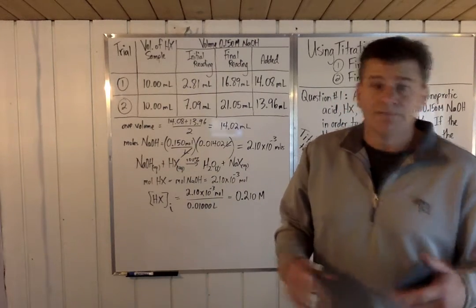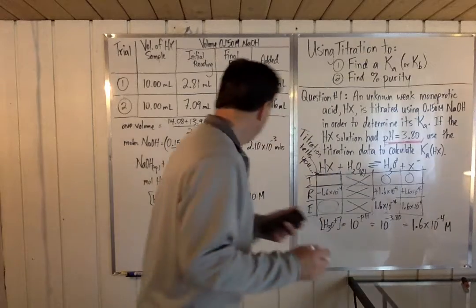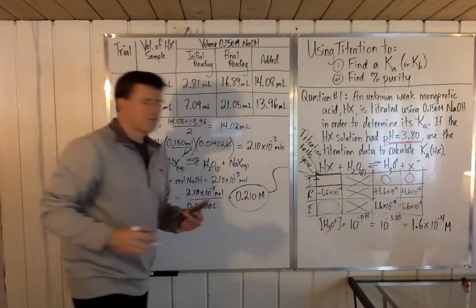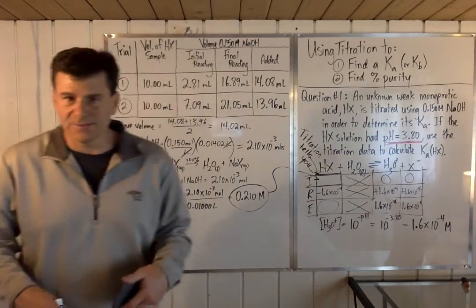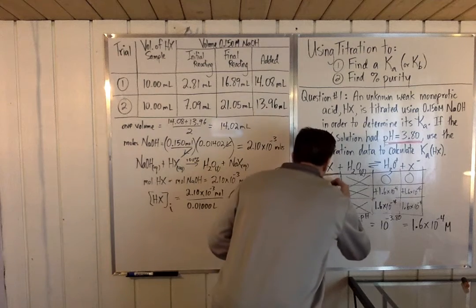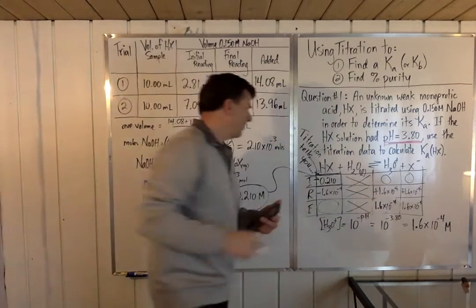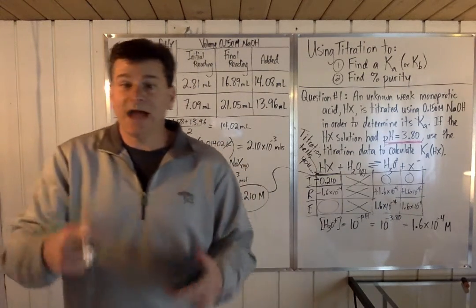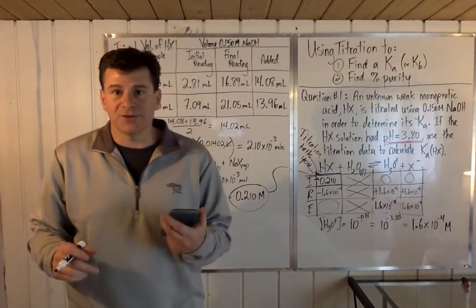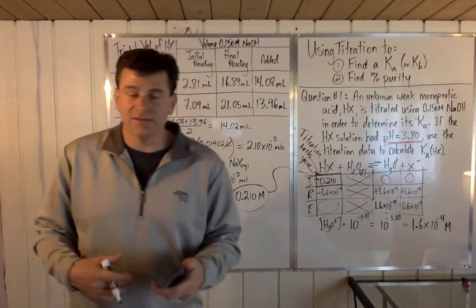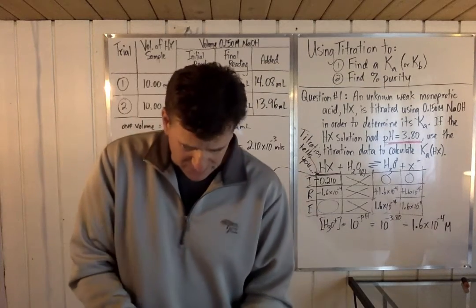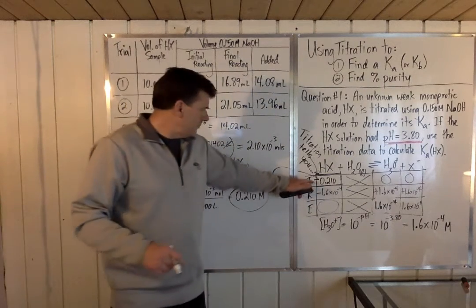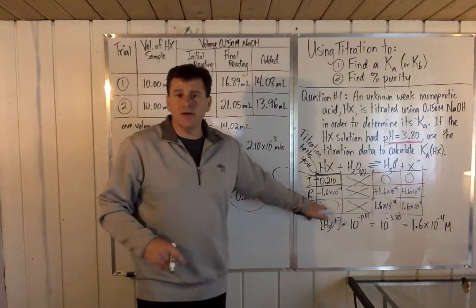Okay, but we're not done yet. What that tells me is that this goes right here, 0.210 on the initial line. Now we're super close to being able to fill in the K expression and do the calculation. But don't just assume that the 0.210 is going to be 0.210 down there.